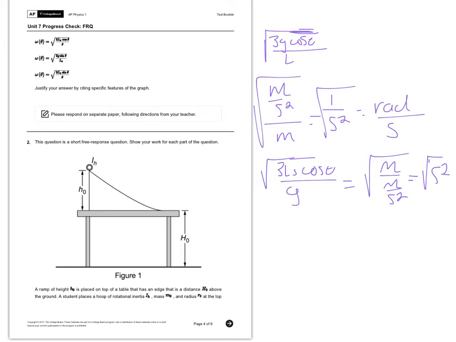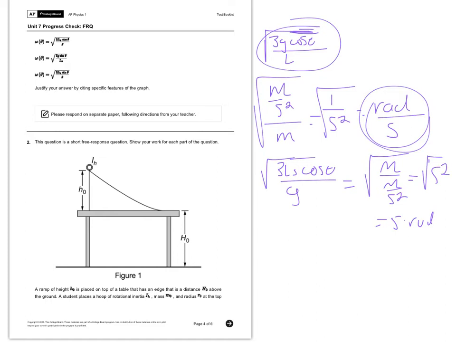Running out of room. Let's erase that. When you take the square root, the one that reduces to radians per second would actually be the first equation, which is on the previous page. Omega equals the square root of 3g cosine theta over L.